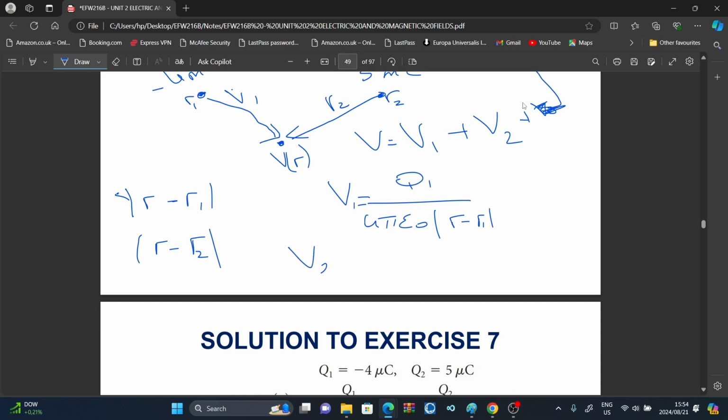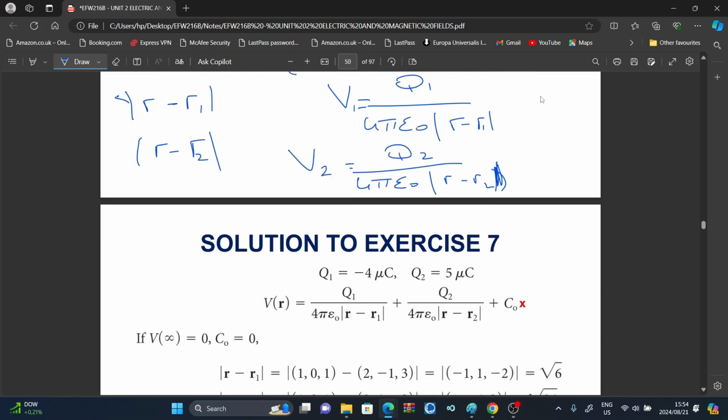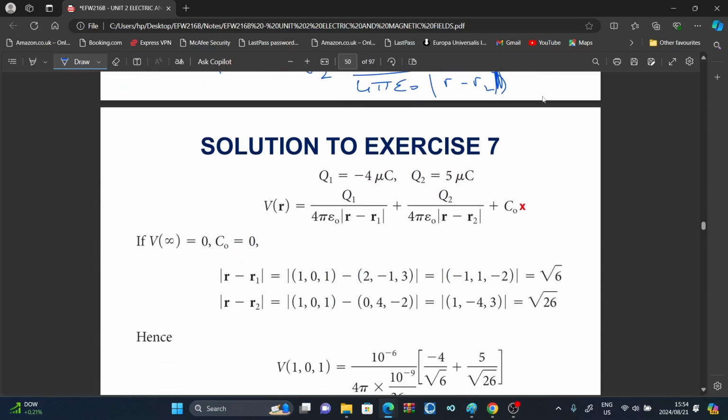Then for V2, you will have again this epsilon naught, then R minus R2, the magnitude, just remember with a straight line. So that will be our values. I'm just showing you the formula. If you understand the process, then putting these values into a calculator is very simple. As you can see, they do show us these values in detail.